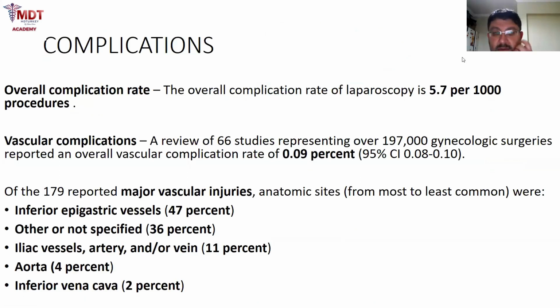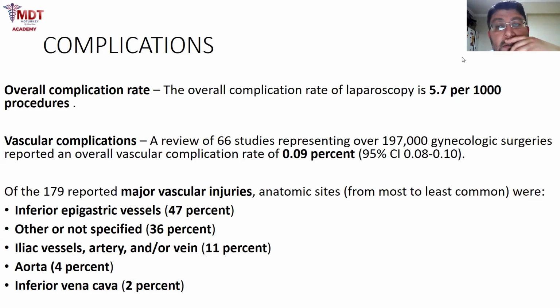Also, in the first session, Professor Dr. Çalışkan told about the complications. This is also a controversy for me. The reported overall complication rate of laparoscopic surgery is about 5 per 1,000 procedures.